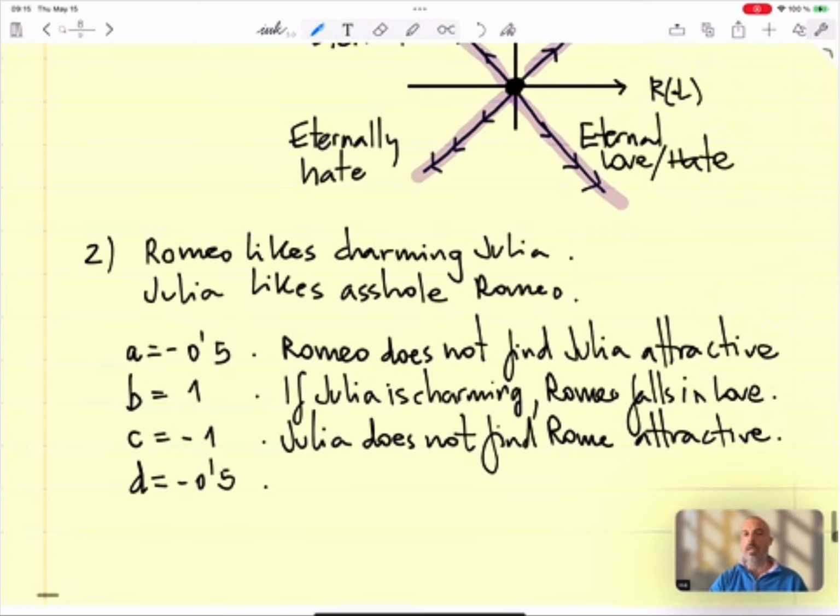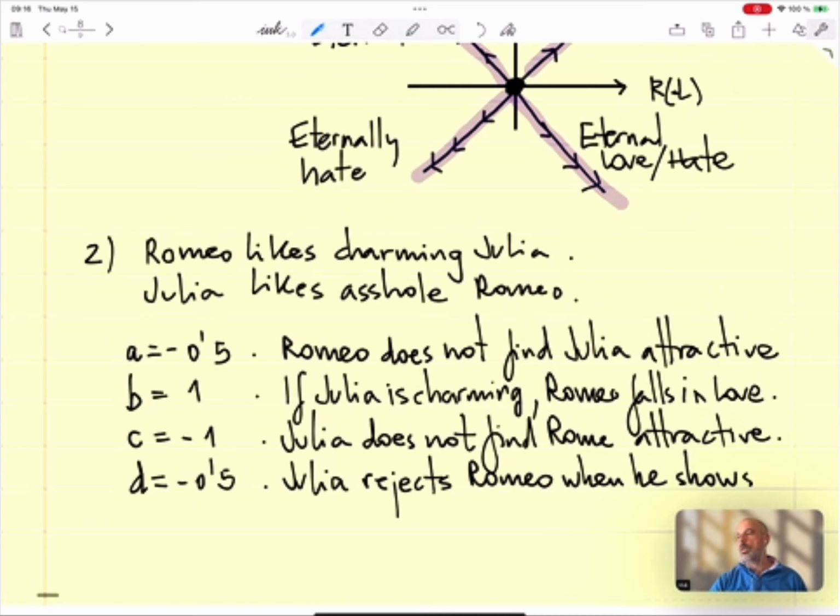So Julia rejects Romeo when he shows love. So she likes bad guys, okay? Only when Romeo hates Julia, she falls in love with him, which is an interesting psychology, but it happens.